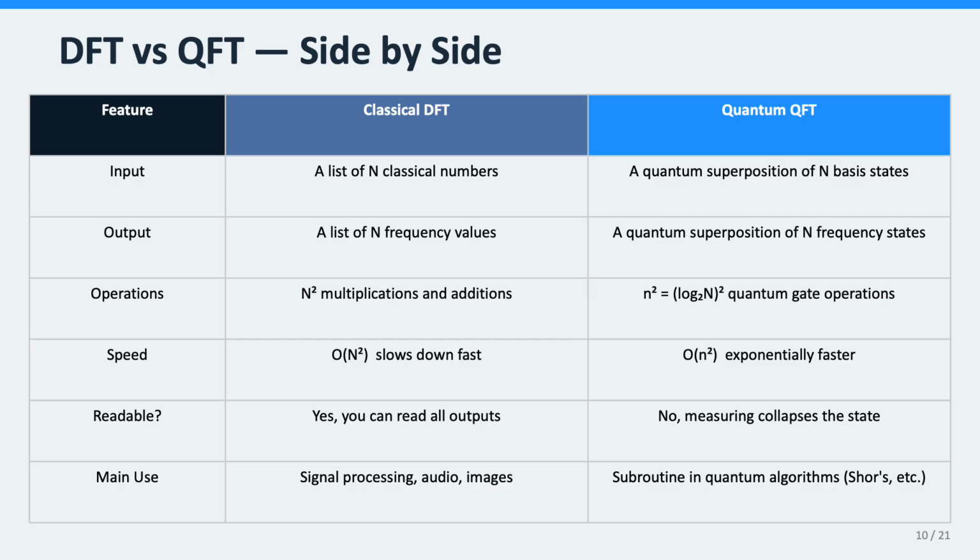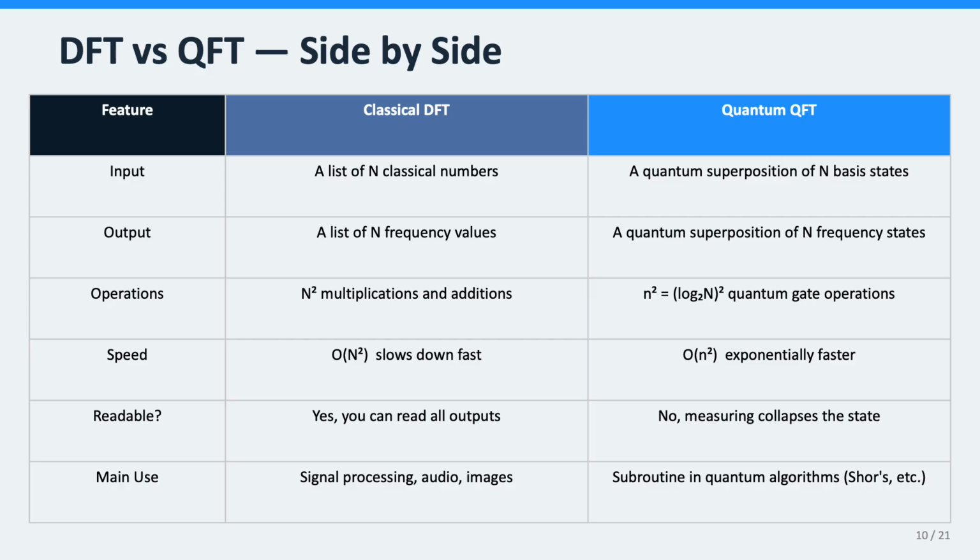Both are based on the same underlying idea of multiplying by rotating complex numbers and summing the results. The quantum version is not some completely alien concept. It is a direct translation of a classical algorithm into the quantum world. The critical differences are in the input, the output, and the speed.